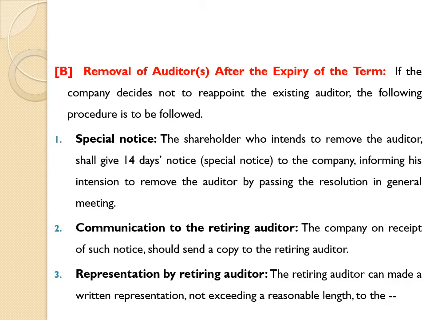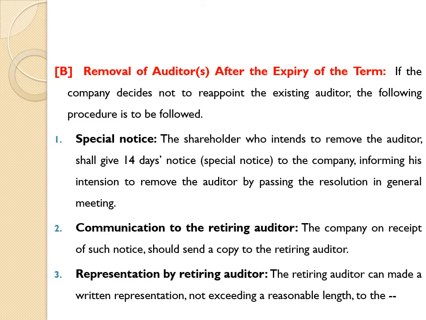After the approval of the central government, a company is required to conduct a general meeting within 16 days, and in that general meeting a special resolution is also required for it.